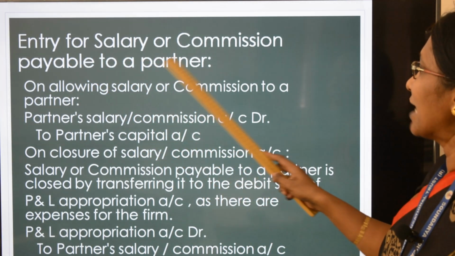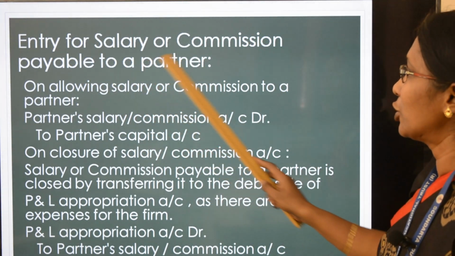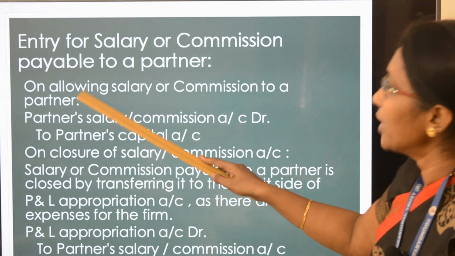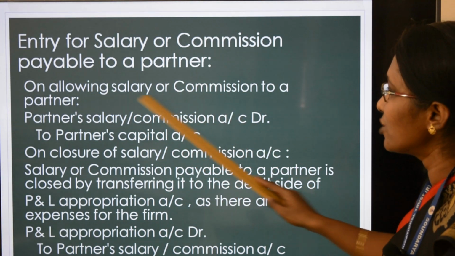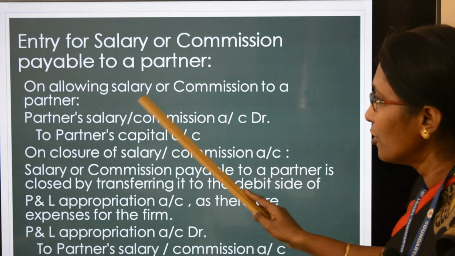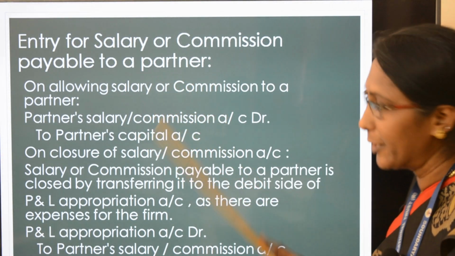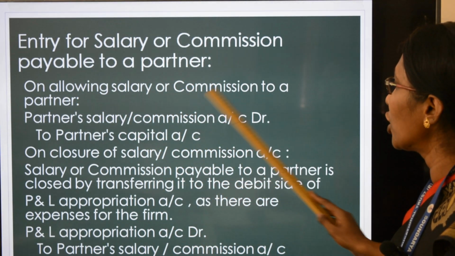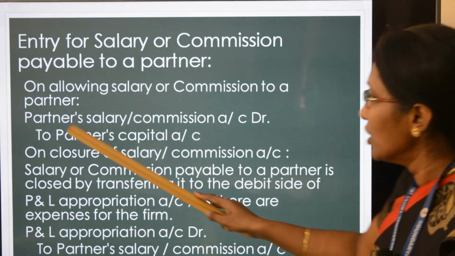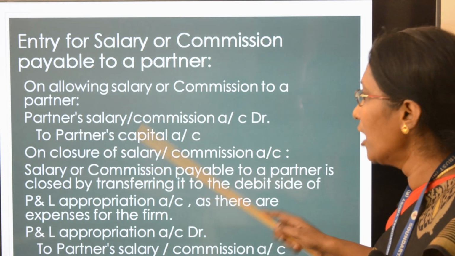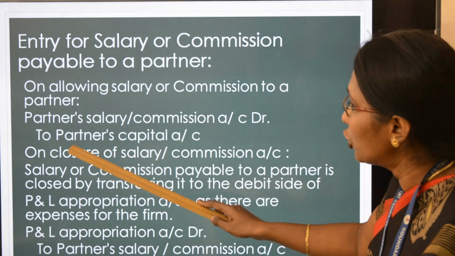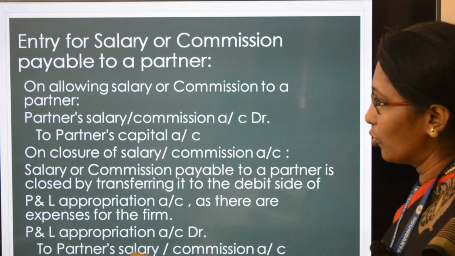Entry for salary or commission payable to a partner. On allowing salary or commissions, I have mentioned these two here because both can be treated in the same manner. On allowing salary or commission to a partner, the journal is partner's salary or commission account debtor to partner's capital account.